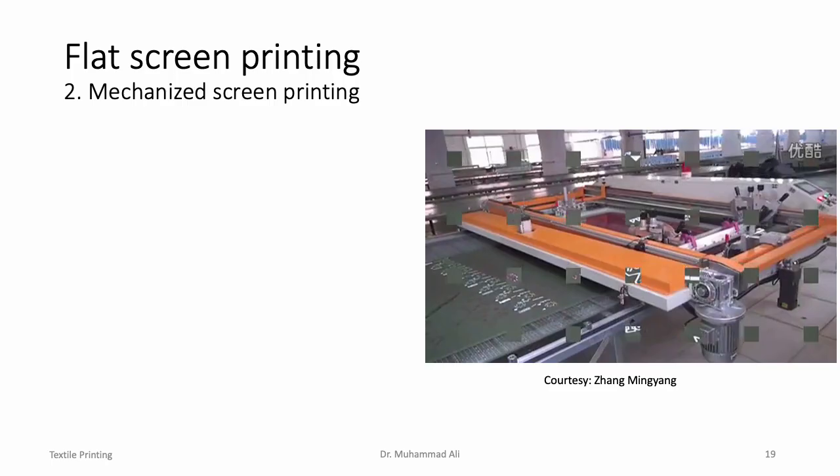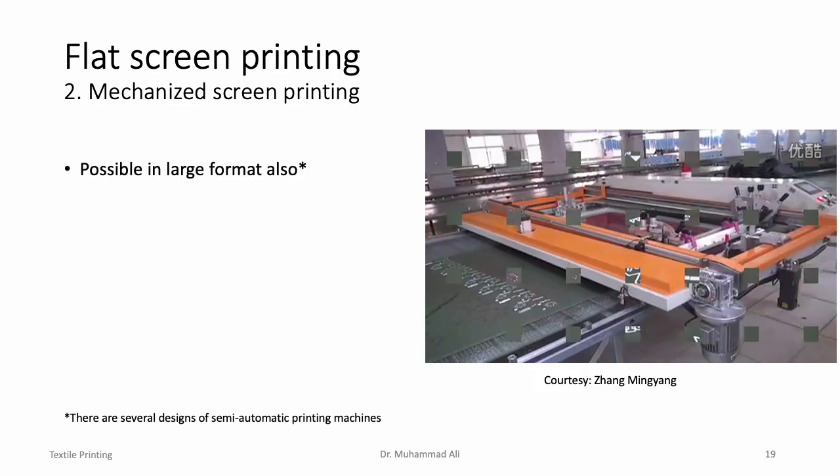In the previous video, which is related to mechanized screen printing, you saw that a smaller article was being printed. Just as for hand screen printing, mechanized screen printing can be used in different formats, for smaller articles or for larger lengths of fabric. And then there are other designs also.